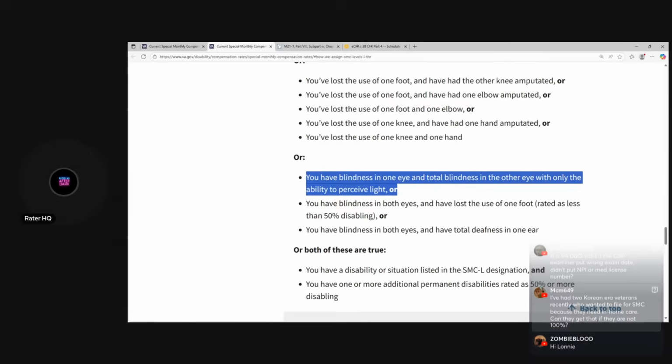They might just be bebopping, because some raters, especially the newer ones, don't think about SMC until the VBMS system prompts them to. And the VBMS system has an error in it to where it's not prompting the raters for this. So they have to hand calculate this now.